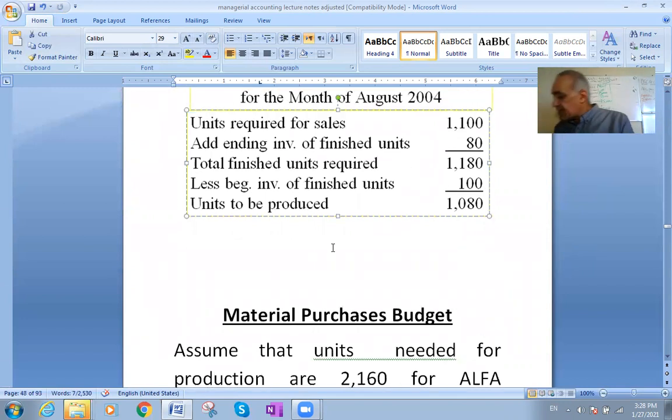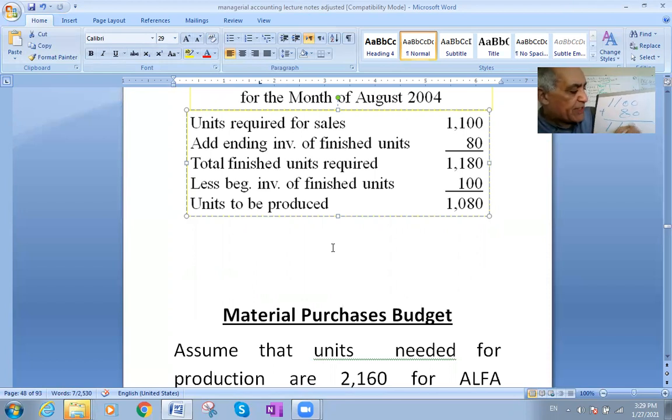So the units you plan to sell, required for sale, is 1,100. Then you add to them the ending inventory of the finished goods, not the raw materials. Those are 80 units, given in the example.